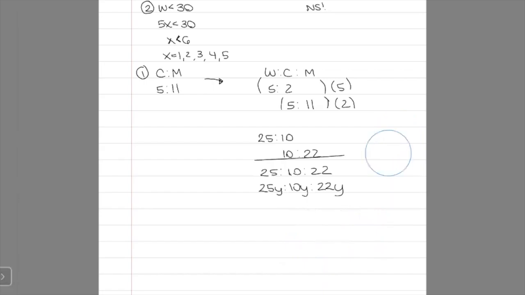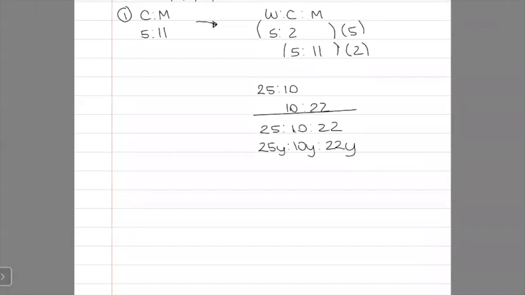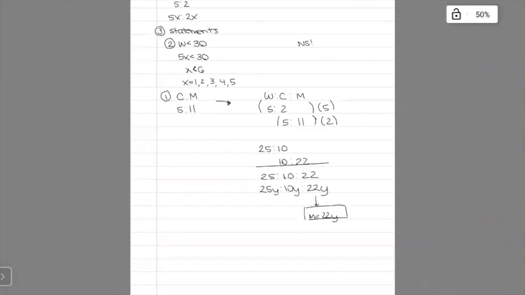So make sure that you do take a least common multiple and you don't accidentally have something that you can reduce further. But in this case, these ones are not divisible by any number altogether. So we know that the men is equal to 22Y. So if we were able to find Y, then we could say how many men we have.